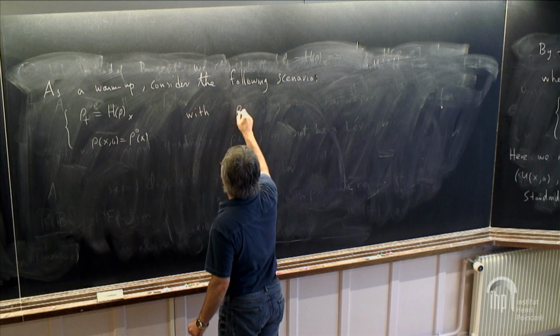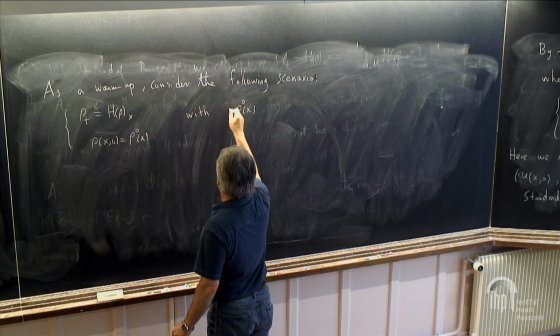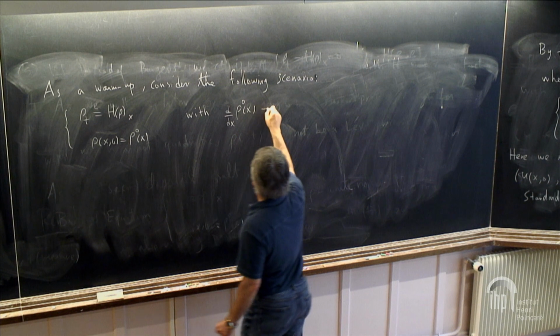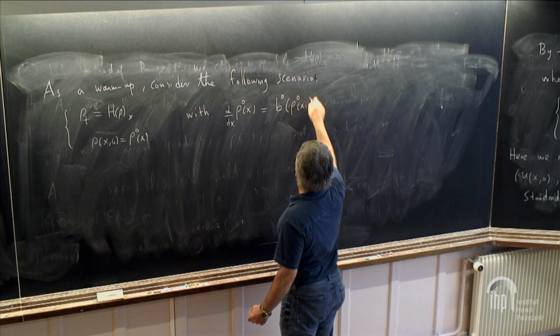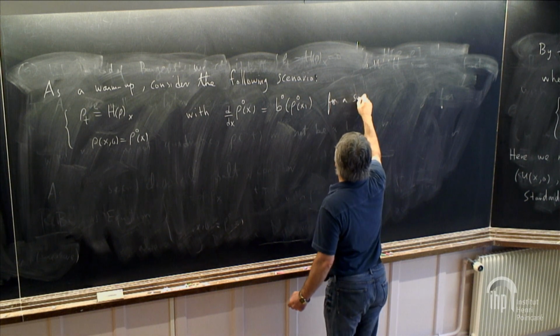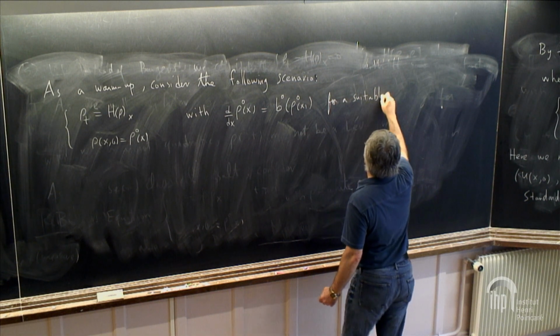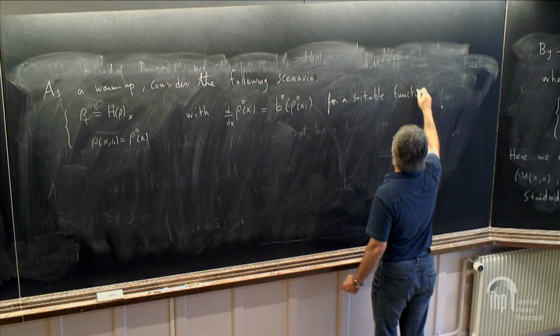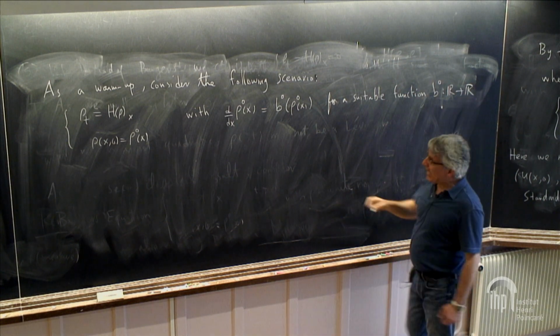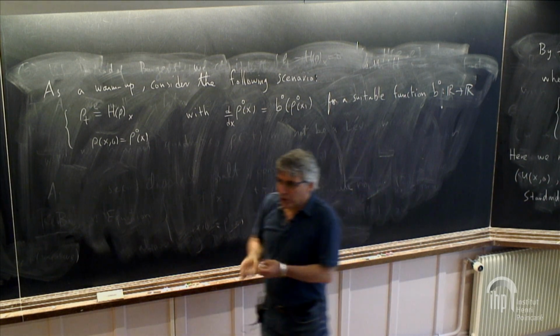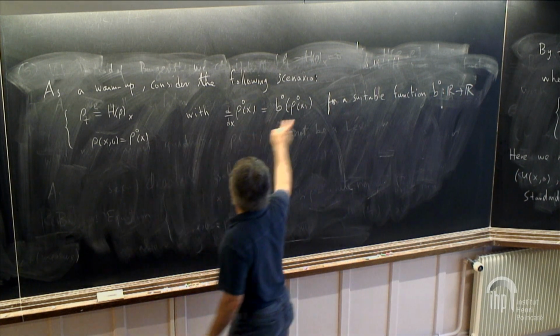Imagine that rho_0 differentiated with respect to x equals a suitable b_0(rho_0) for a suitable function b_0 from R to R. So it's as if in order to determine what the initial data is, I solve some ODE.